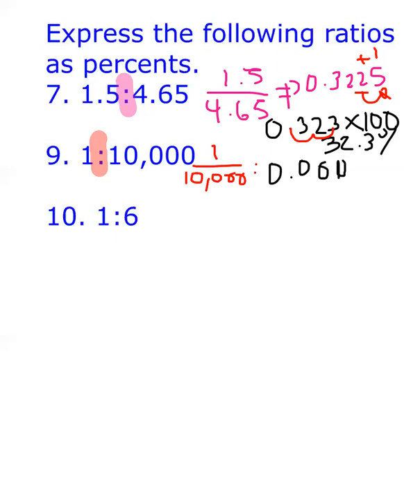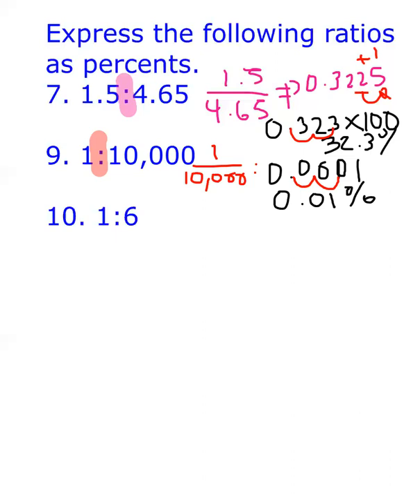There we go. So what we can go ahead and do, if we want to convert that into a percent, just move our decimal 2 spaces to the right, and we get 0.01%.